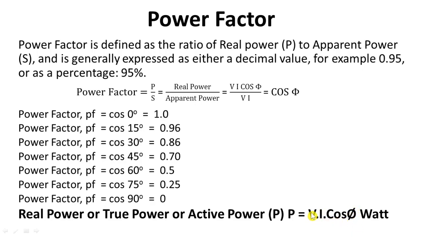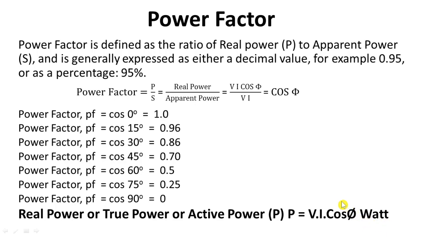If we take one example, V is 50 volt and I is 2 ampere, so 50 into 2 is 100. If the phase difference between voltage and current is 0, then cos phi is 1, so 100 multiplied by 1 gives active power of 100 watt.